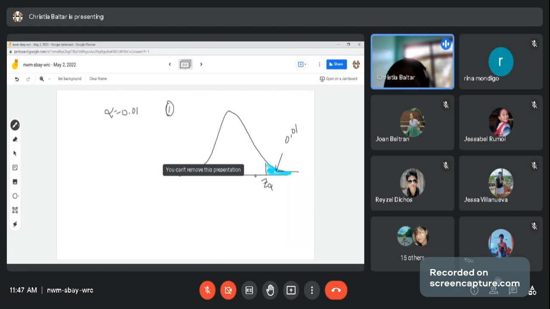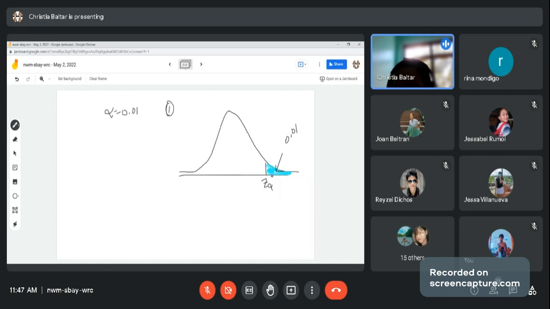Once you determine the critical value and calculate your Z test, you will compare the calculated Z test with your Z alpha, your critical value. If the calculated Z test falls in the rejection region, meaning that value is greater than the critical Z alpha, we reject.